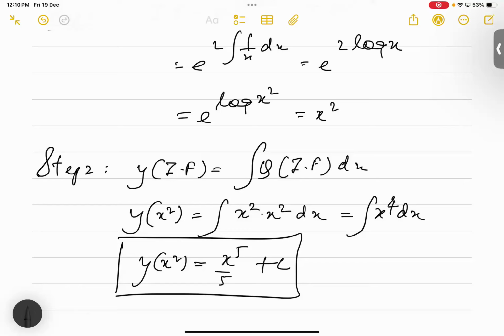So the next problem which I'm going to do is question number 5 from some of the textbooks.